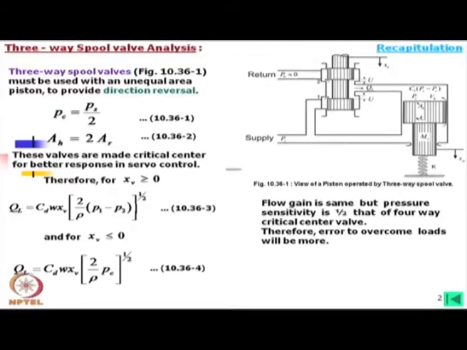Due to this reason, the error to overcome loads will be more in case of the 3-way valve.